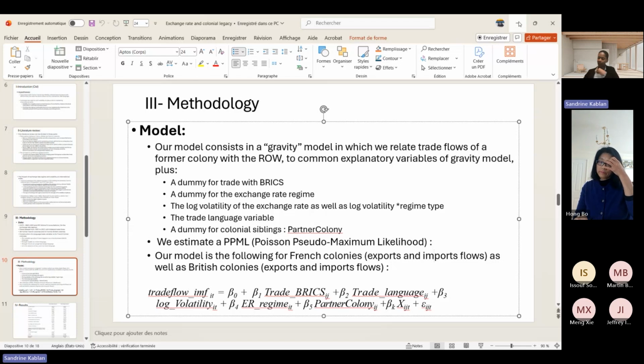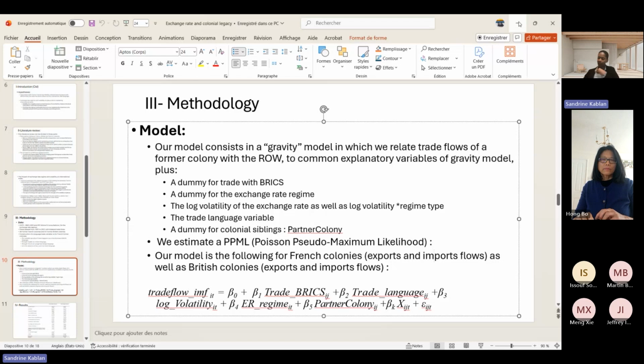Among the variables you have, I explained in the beginning the fact that currency arrangement is one feature of colonial persistent ties between former colonies and former metropolises. So it's something that I wanted to highlight because, of course, I'm specialized in finance, macrofinance.